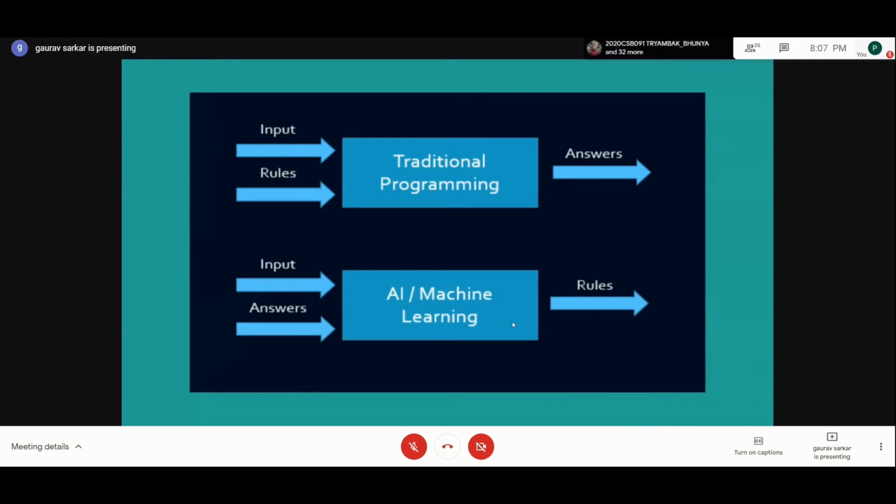To understand it better, let's take an example. Suppose you have been given a data set of pictures of 10 cats. Now you have been asked, by giving a picture of a cat, whether the picture belongs to the data set or not.